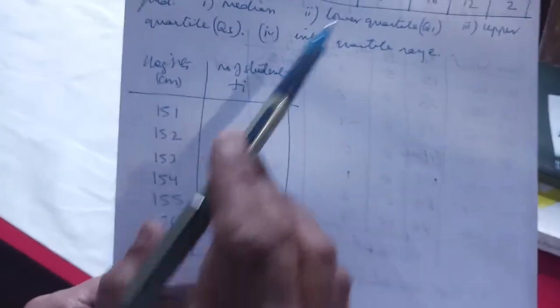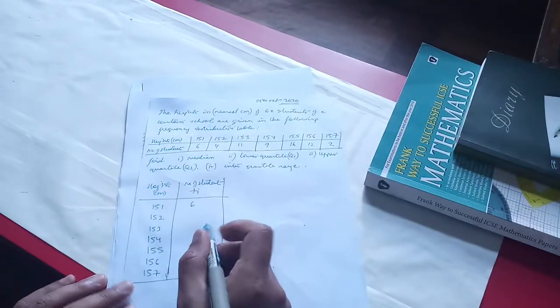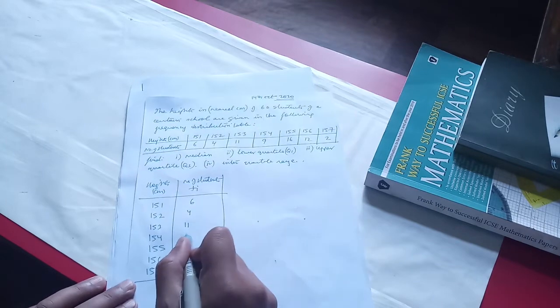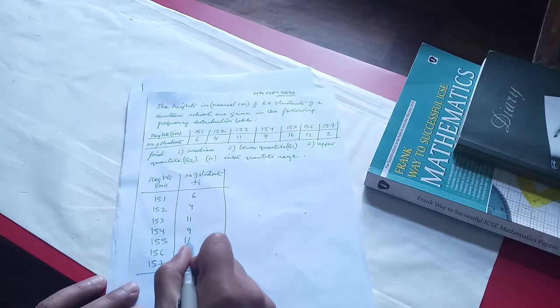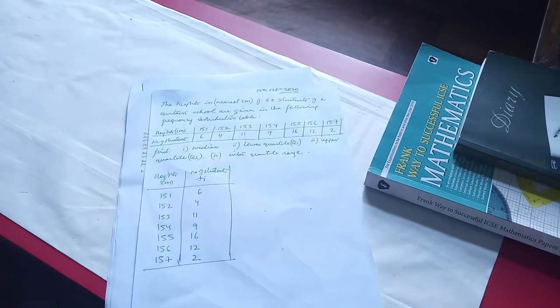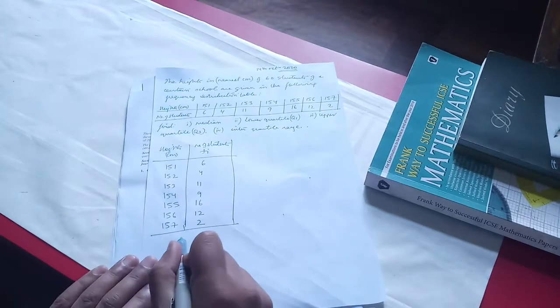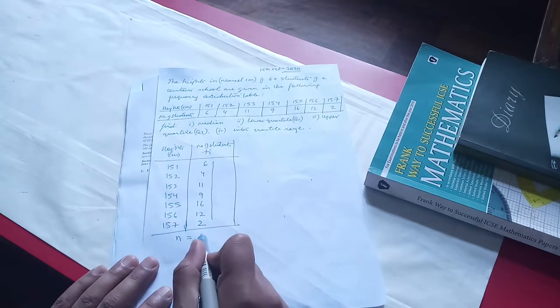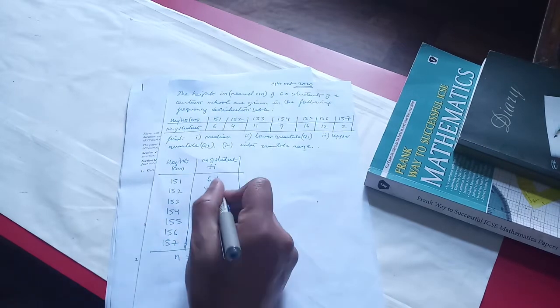Now the number of students is the frequency. So there are 6 students whose height is 151. There are 4 students, 11, 9, 16, 12 and 2. So now if you add all this, the sum of the frequency n comes out to be 60.